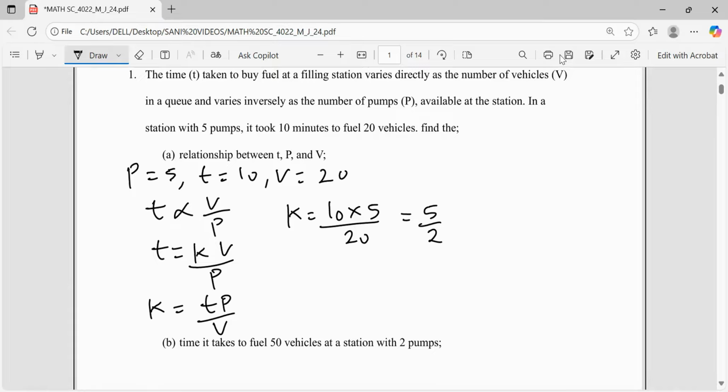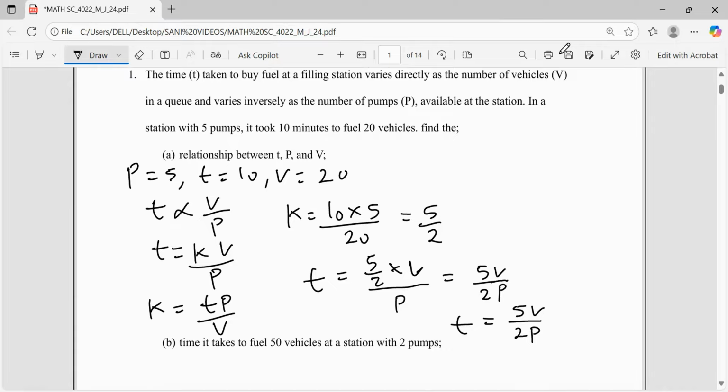Then the relationship between T, P, and V is T equals 5 over 2 V times, then divided by P, which is the same thing as 5 over 2 V over P. So that is the relationship between T, P, and V. We can write it properly as T equals 5V over 2P.